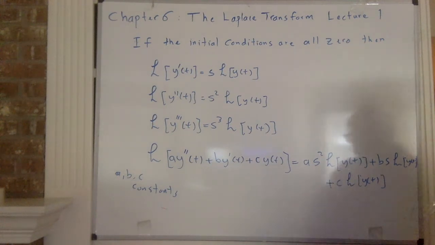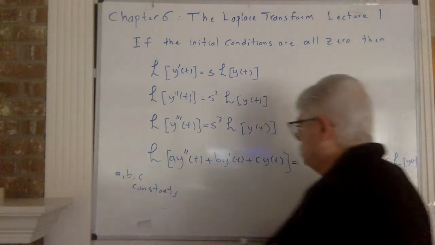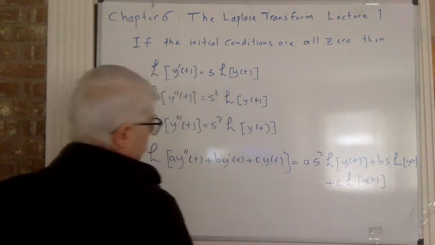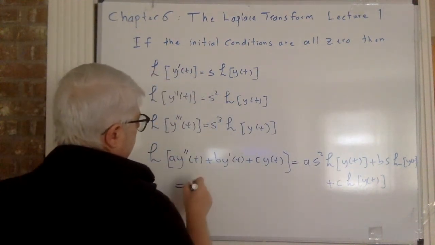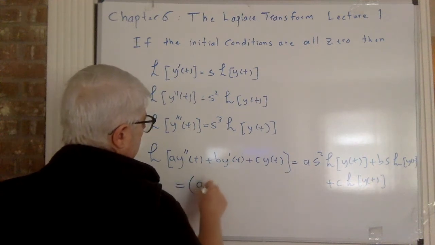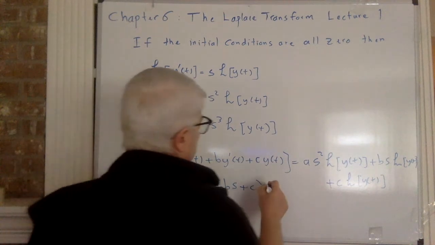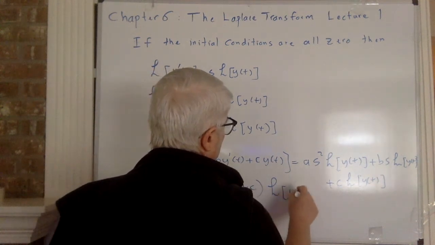If I factorize L of y(t), this becomes (a s squared plus b s plus c) times L of y(t).